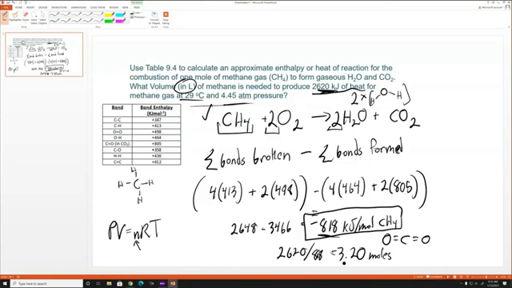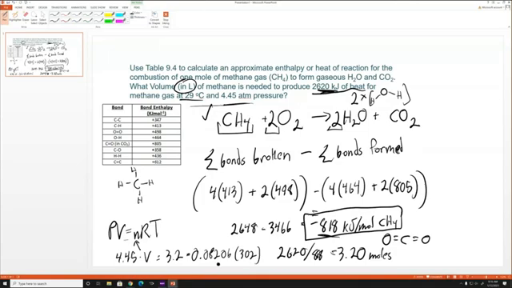So now we can put that n, number of moles, into our PV equals nRT to figure out our volume in liters. So our pressure is going to be 4.45 times our volume equals 3.2 times 0.08206, because we're using this constant because it's liter ATM per Kelvin mole, multiplied by our Kelvin temperature, which is 29 plus 273. That's 302. And then we do the math here.